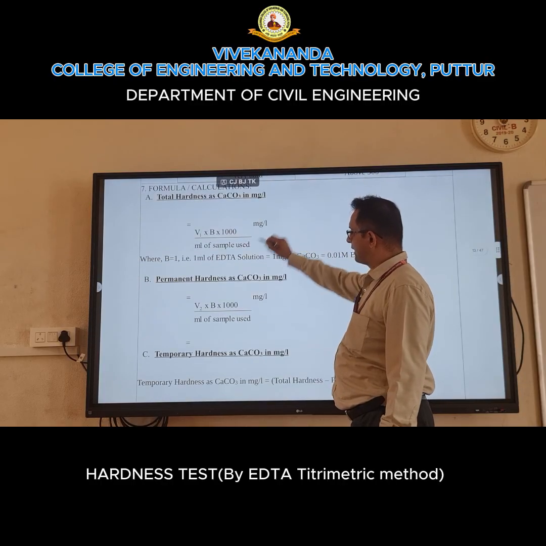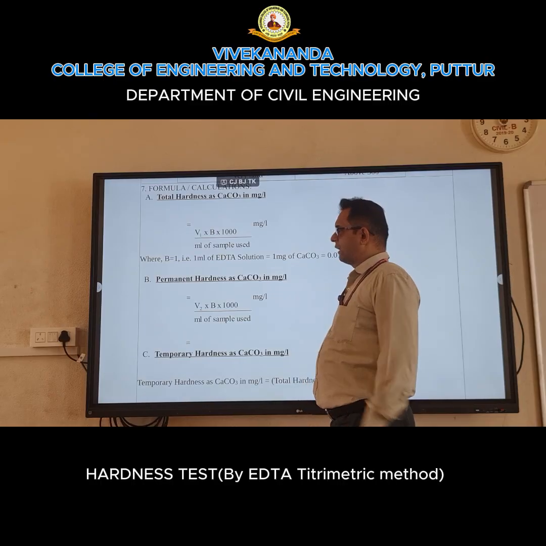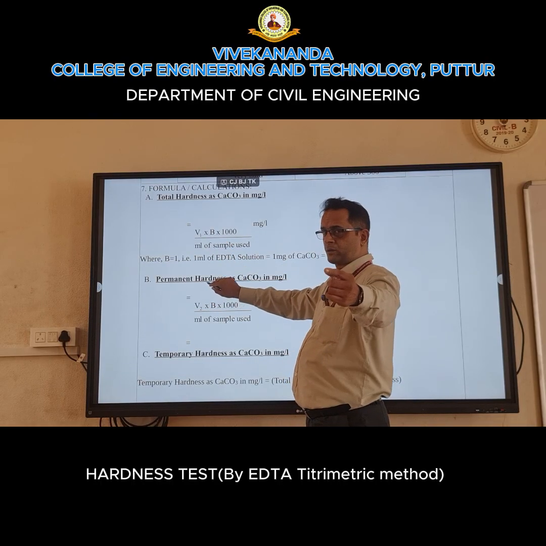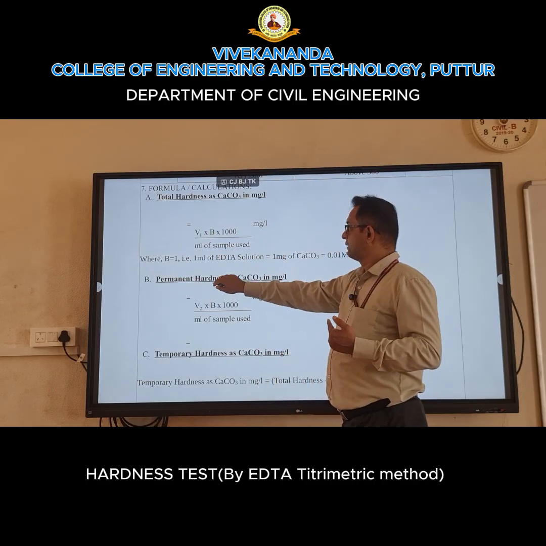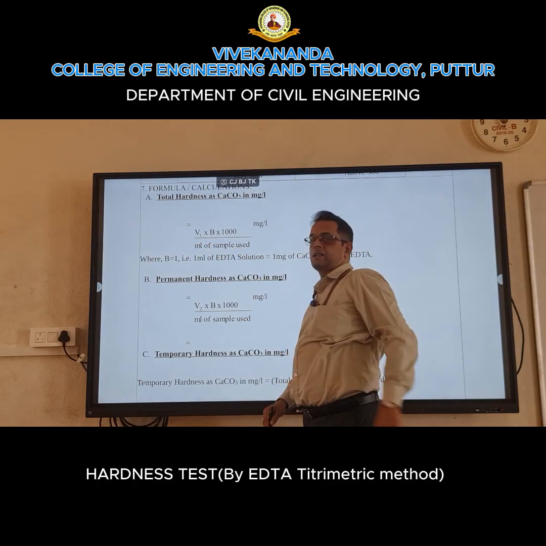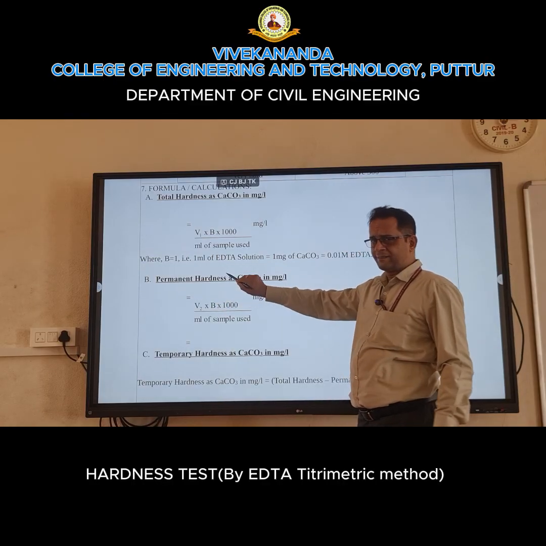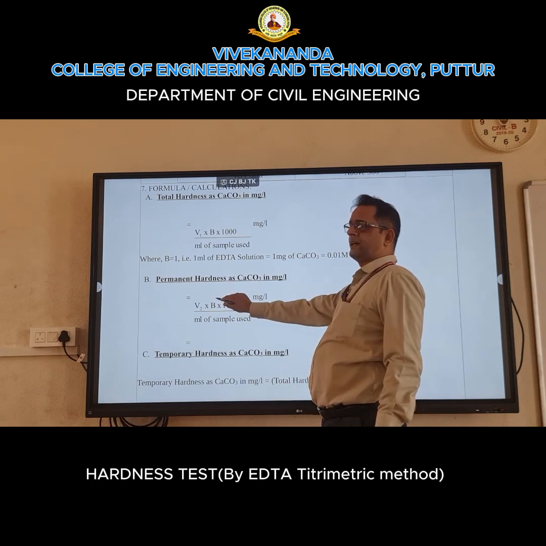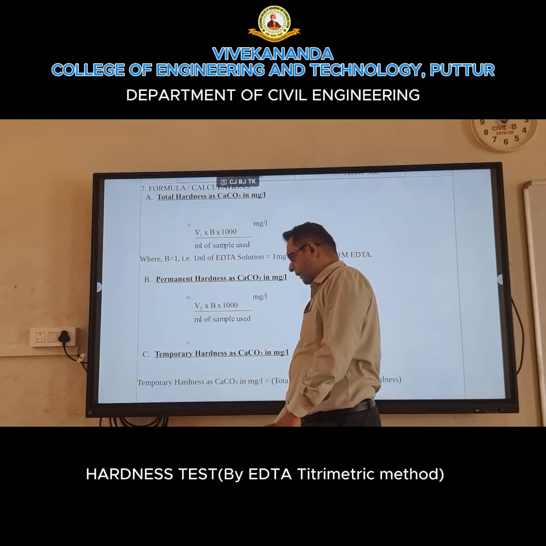Similarly, for the permanent hardness, the only change is V2, whatever the V2 value. One thing I should note, V2 will generally be less than V1, because V1 contains both temporary hardness as well as permanent hardness. Here we have only permanent hardness. So V2 into B, that is 1 into 1000 divided by ml of sample. Here it is 25.